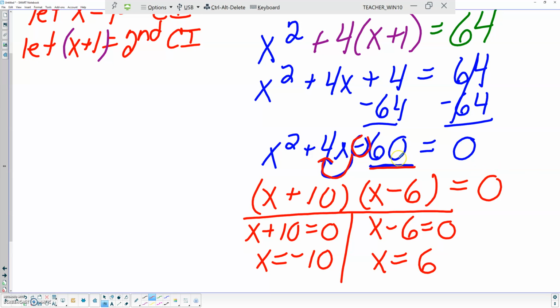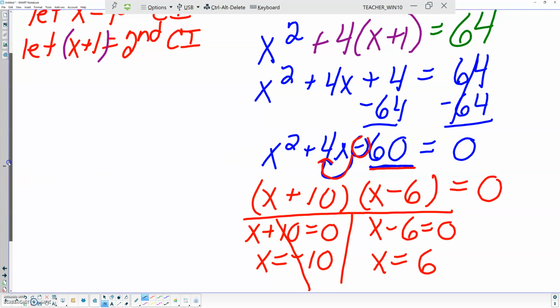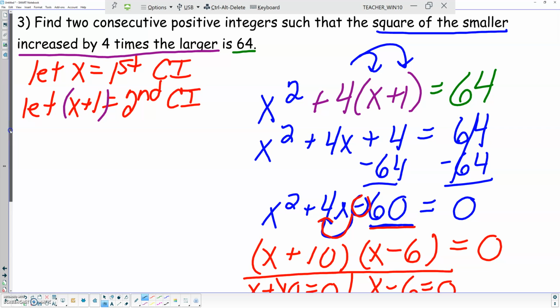Okay, so again, in this problem, they only wanted the positive integers. So we're going to reject the negative and keep the positive. So our first consecutive integer was 6. And our second consecutive integer was 7.